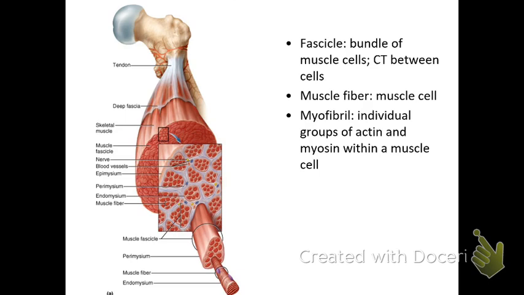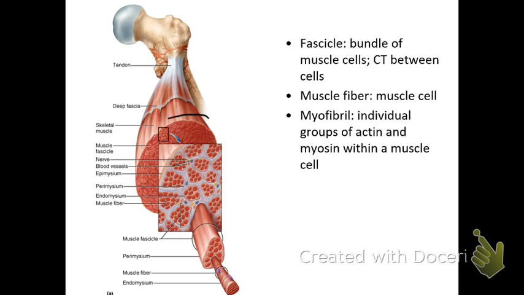So here is that same bone and muscle combination, except now it has been pulled back just a little bit. And we're going to deal with the specifics of muscle tissue next week and again in lecture in a couple of weeks. But for now, I just want you to appreciate that muscle is composed of groups of muscle cells.